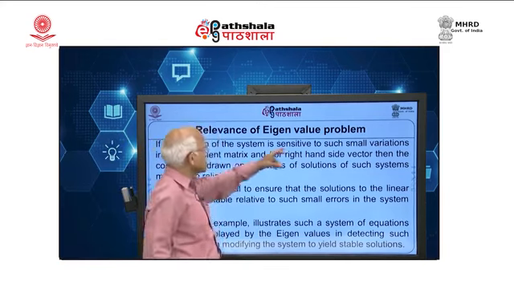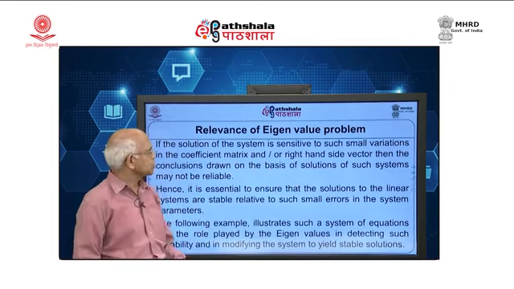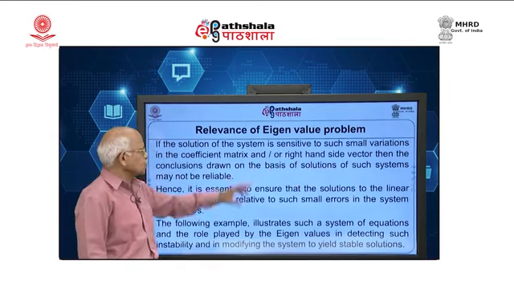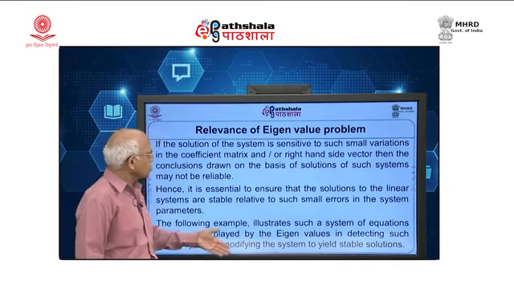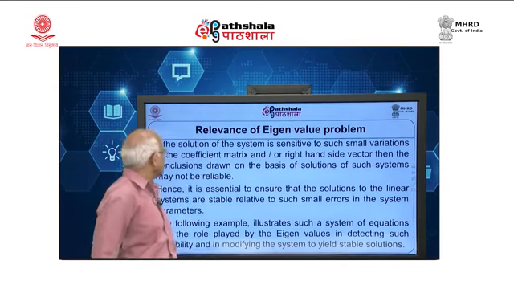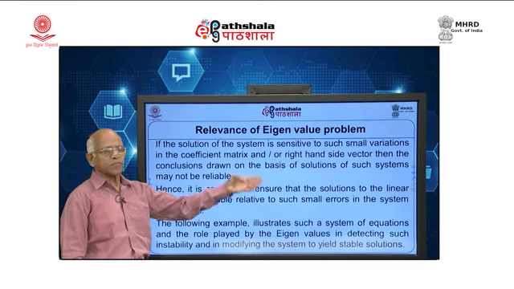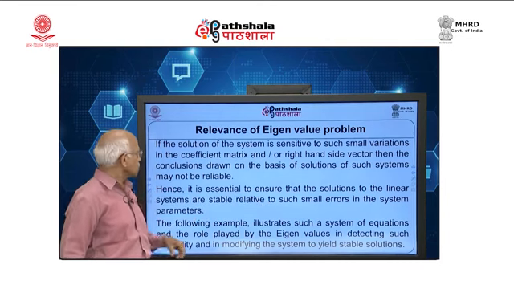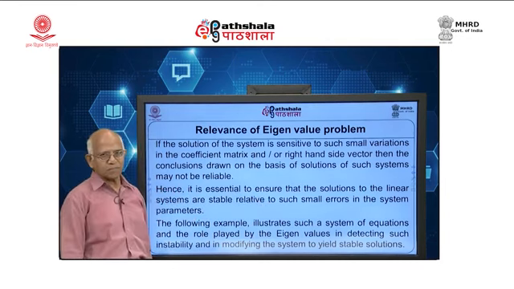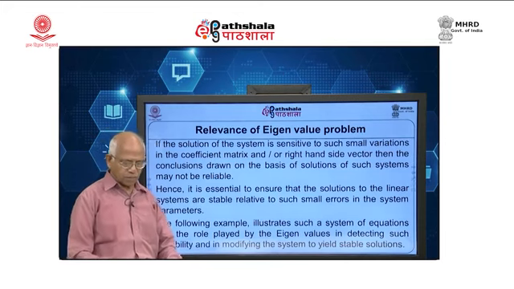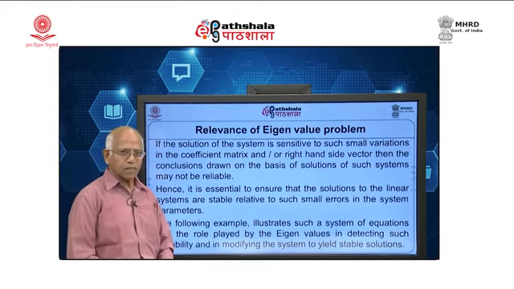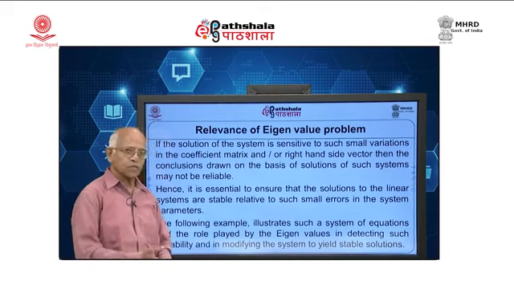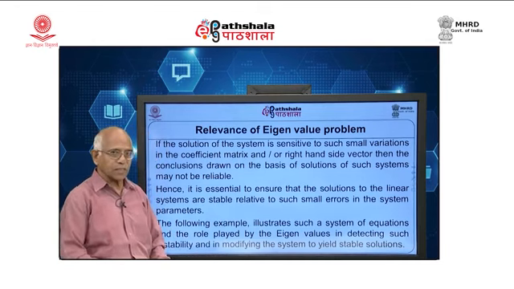If the solution of the system is sensitive to such variation in the coefficient matrix or right hand side vector, then the conclusions drawn on the basis of the solution may not be reliable, because your model is inaccurate and your solutions are very sensitive to that inaccuracy.